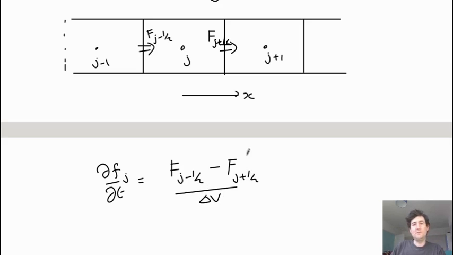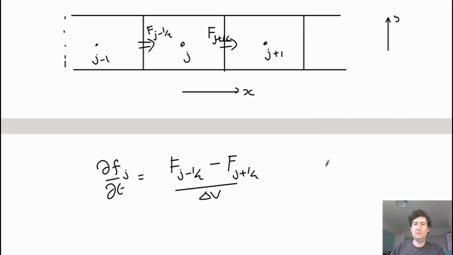And because we're multiplying by the area, F has a factor of y. So F at j plus a half, for example, is rho at j plus a half times u at j plus a half times the area of the surface. So it's the total flux through the surface, because we're doing a surface integral around the outside of this cell.